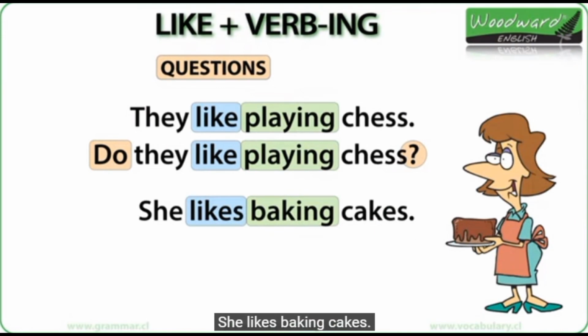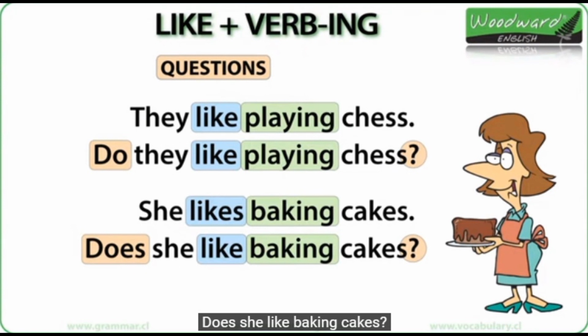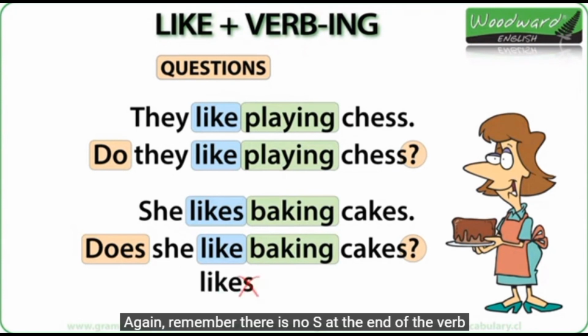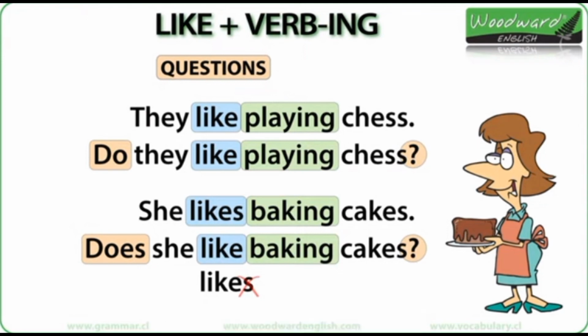She likes baking cakes. To make a question with she, we use does at the beginning, so it becomes, does she like baking cakes? Again, remember there is no s at the end of the verb in negative sentences and questions, right?